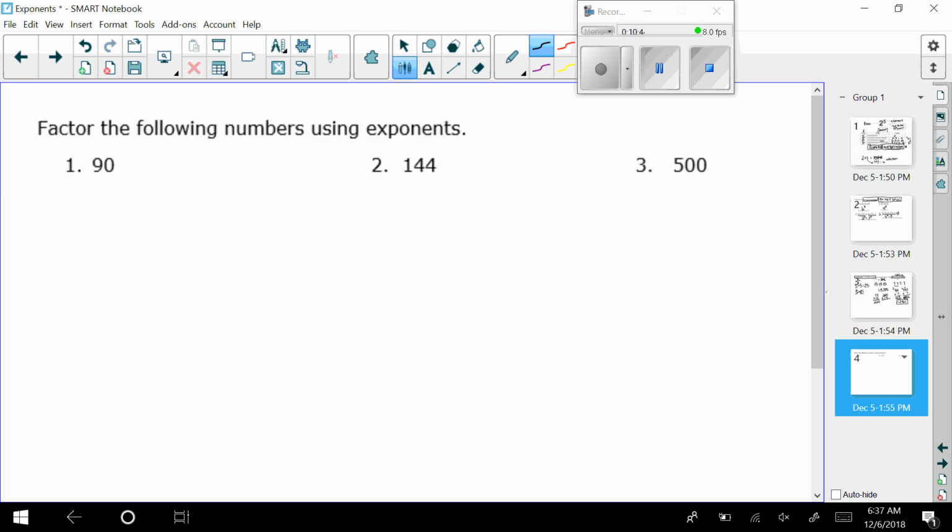It wants you to factor, but it wants you to use the prime factors, okay? So in order to find the prime factors, you have to think about what do I multiply to get there. One way you can do that is using a tree. So I'm just going to show this to you. It might not make sense today, and that's all right.